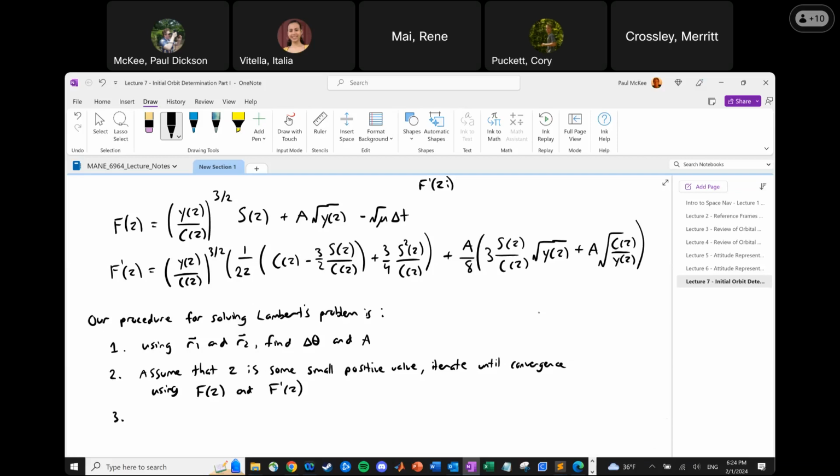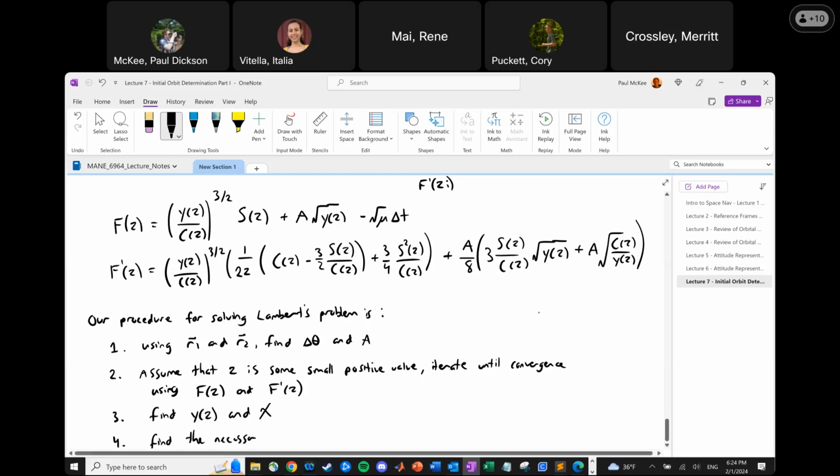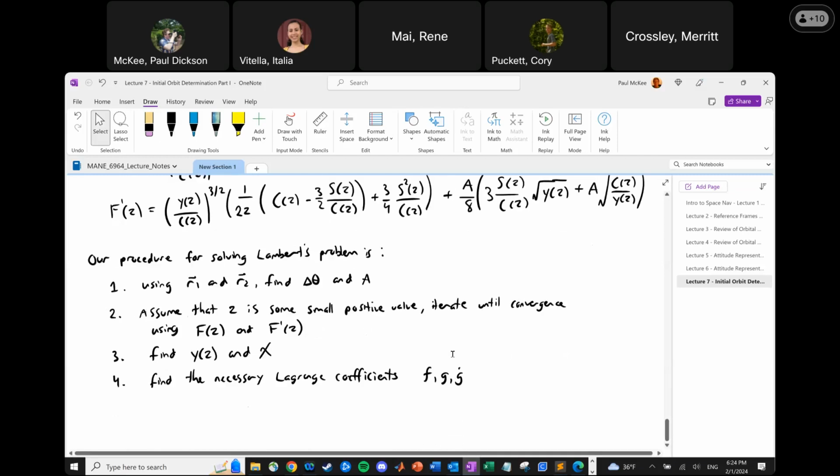Number three, find y of Z and chi. Number four, find only the necessary, we don't need all four of them, the necessary Lagrange coefficients F, G, and G dot. Okay, so we're going upstream.